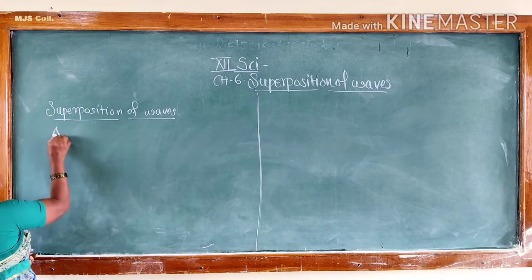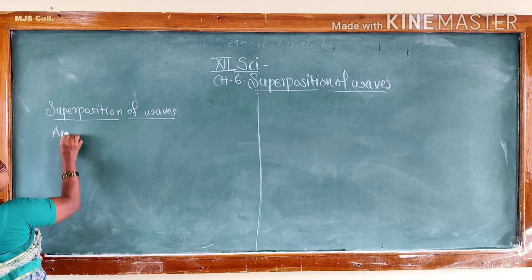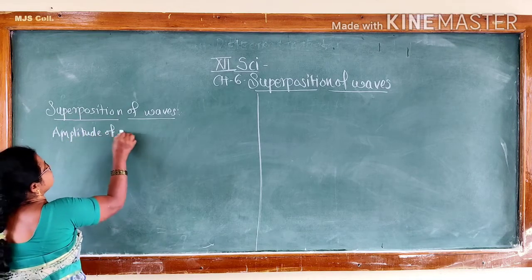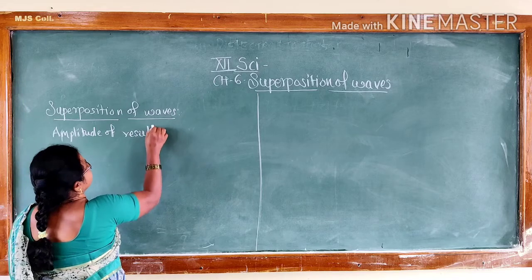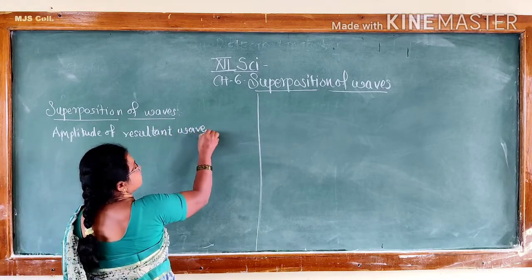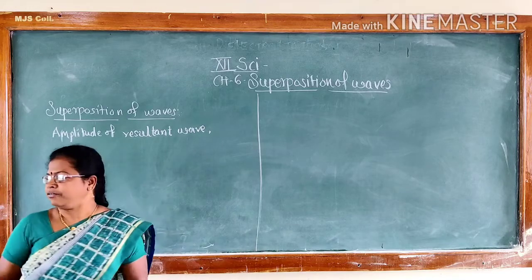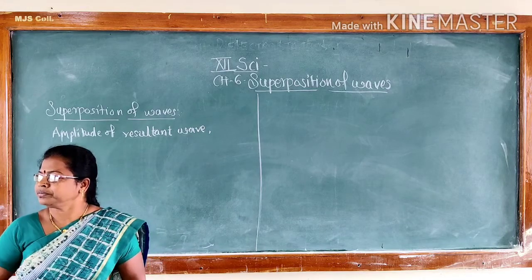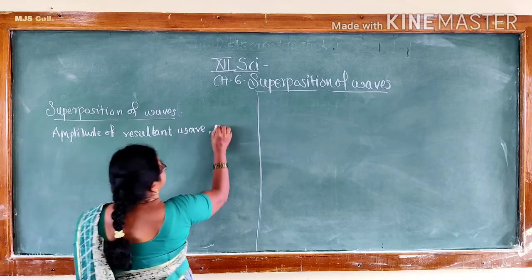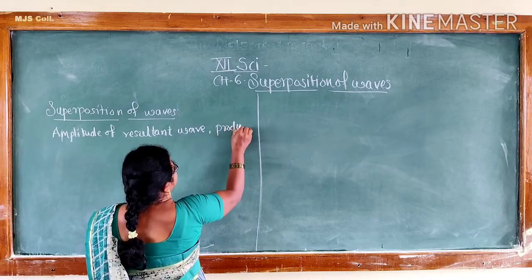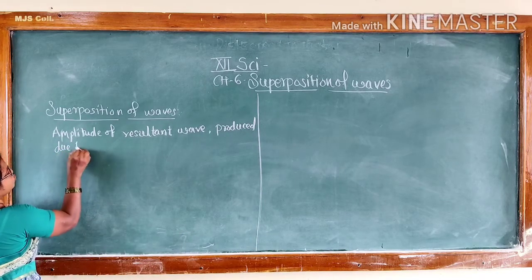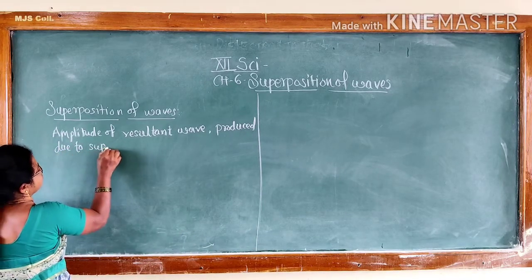Next, one more: amplitude of resultant wave produced due to superposition of two waves.